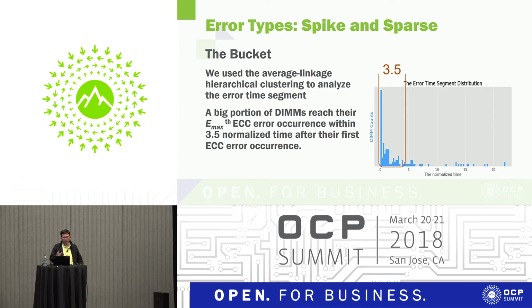That means when the DRAM is under test, if the first ECC error occurred, some DRAM modules will get more ECC errors in the later period. So if a DRAM has more than the threshold, Emax, ECC errors within this 3.5 normalized time, we call it a spike.